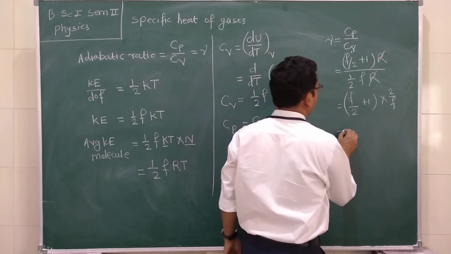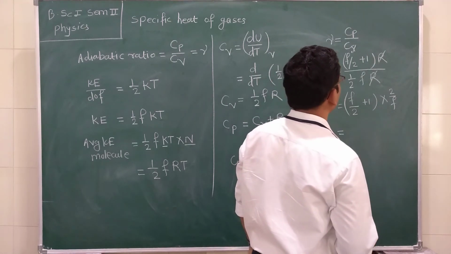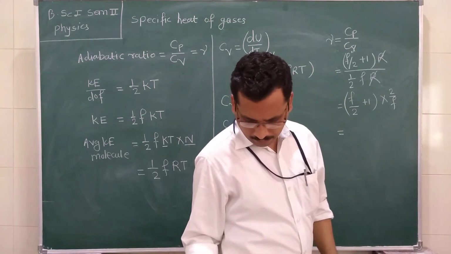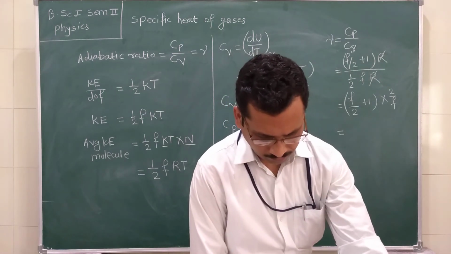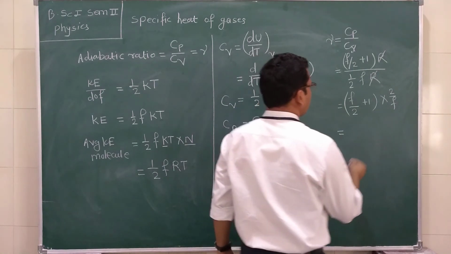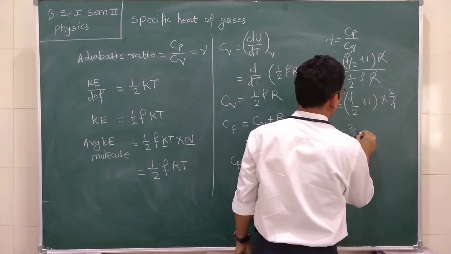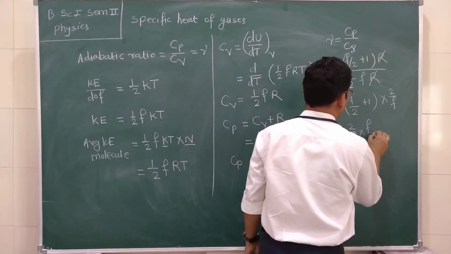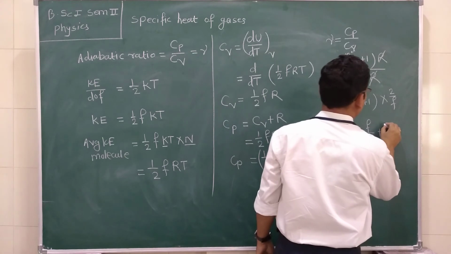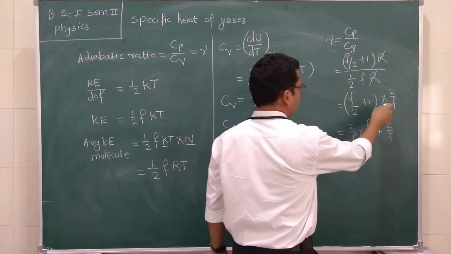So if we multiply this, we get 2 by f into f by 2 plus 2 by f multiplied by 1.